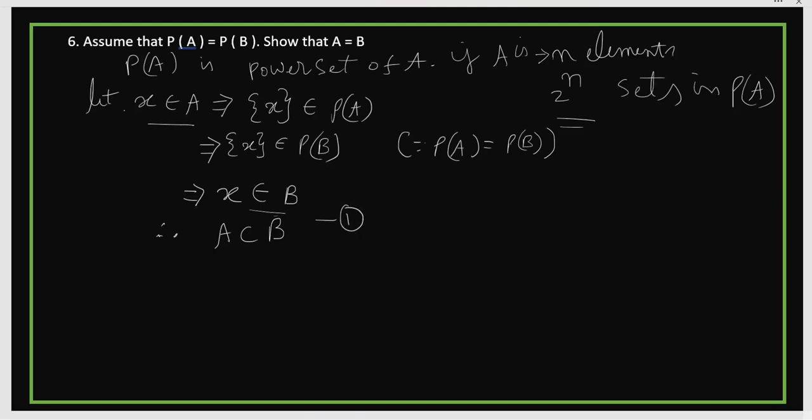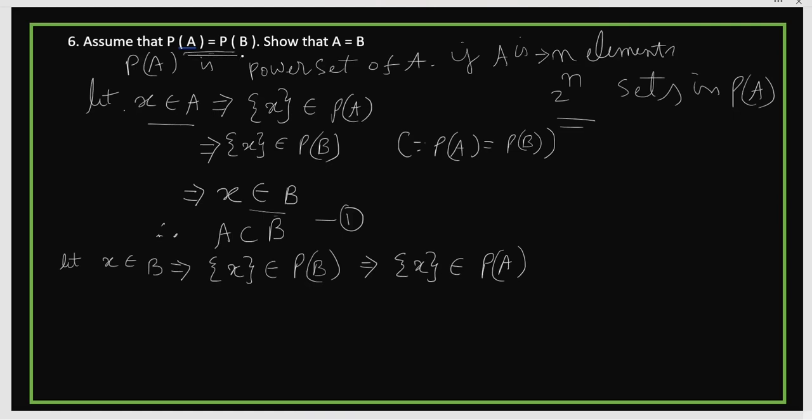Similarly, we can show that let x belong to B. That implies the set {x} belongs to power set B. Simple, right? That implies {x} belongs to power set A, because these two are equal.